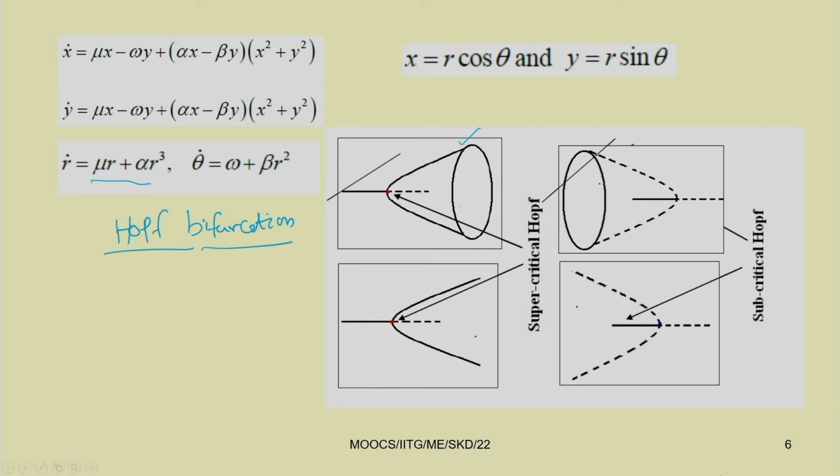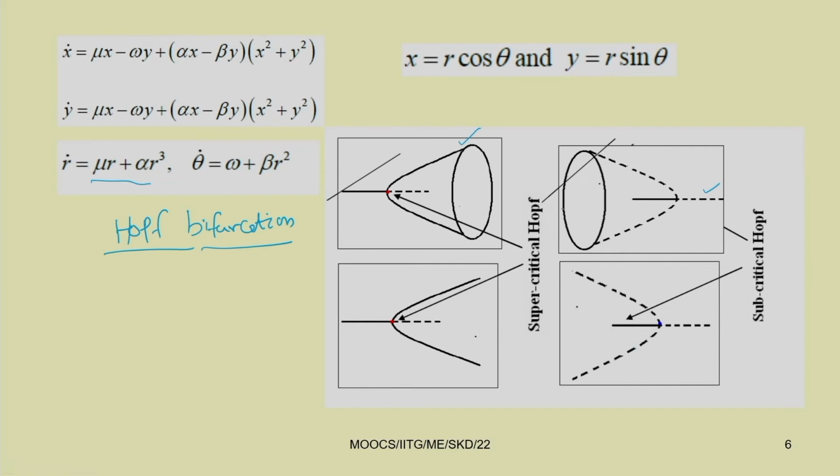We will see how we can determine whether the periodic response is stable or not by using Floquet theory, which we will study in the next class. Similarly, in case of the Hopf bifurcation, this unstable fixed point response gives rise to a stable periodic response by decreasing the system parameter.